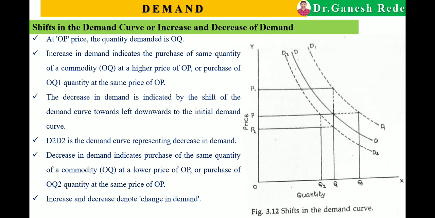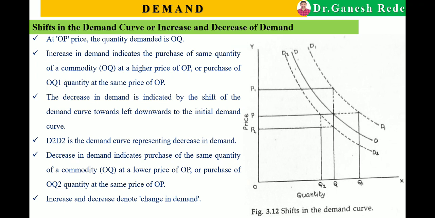Now here you can observe the diagram. At price OP, quantity demanded is OQ, that is the original price and original quantity. So increase in demand indicates the purchase of the same quantity OQ at a higher price, or purchase of OQ1 quantity at the same price OP.